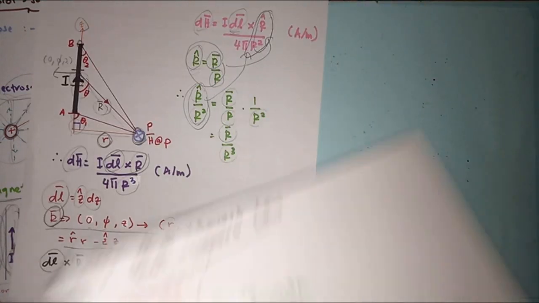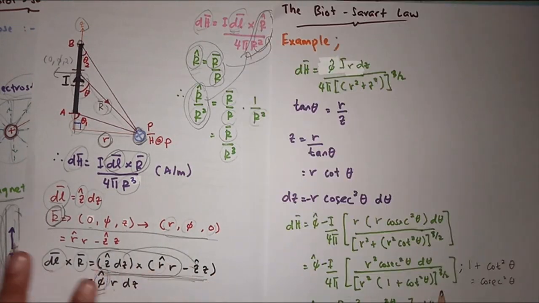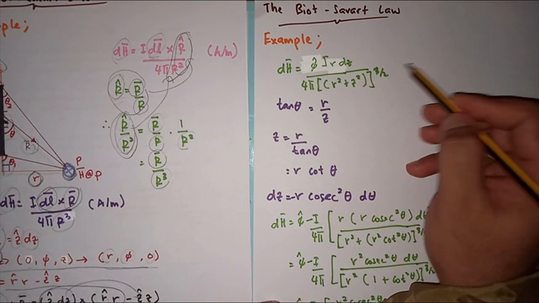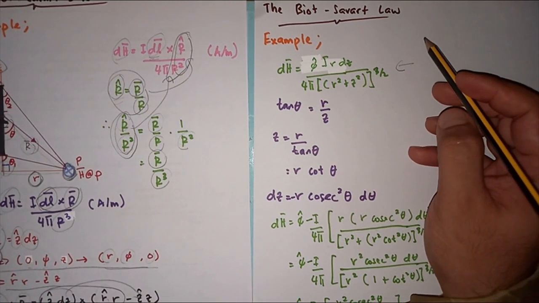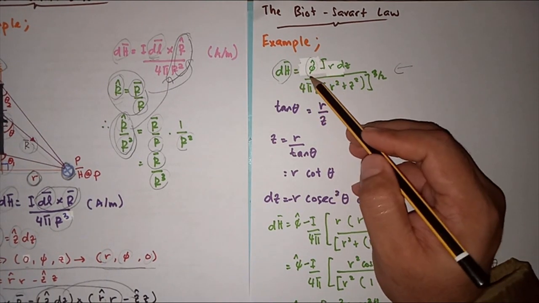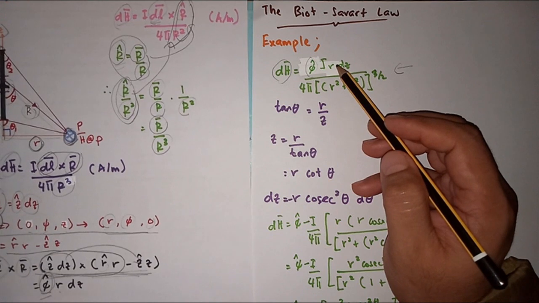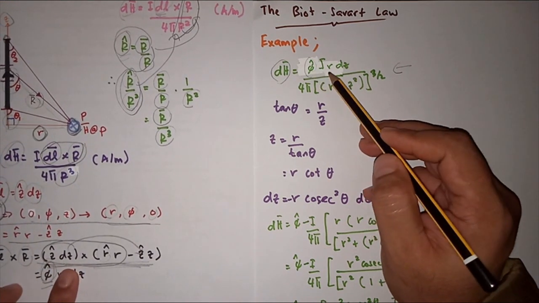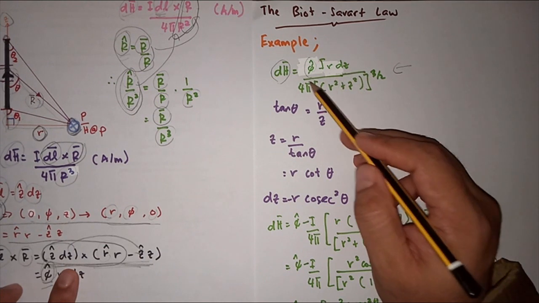Once we solve that part of the equation, we can rewrite our equation. We will have the vector for dh equal to phi-cap I r dz divided by 4 pi.